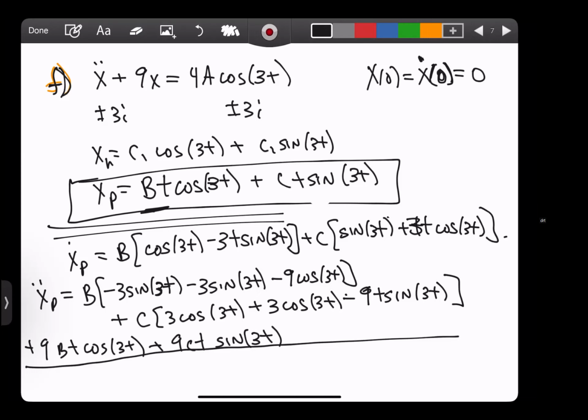There are only 4 different functions floating around here: a cos of 3t, a sine of 3t, a t cosine of 3t and a t sine of 3t. And if you've been around for the last couple of weeks, you've probably heard me say that the t cosine of 3t and t sine of 3t should die here.